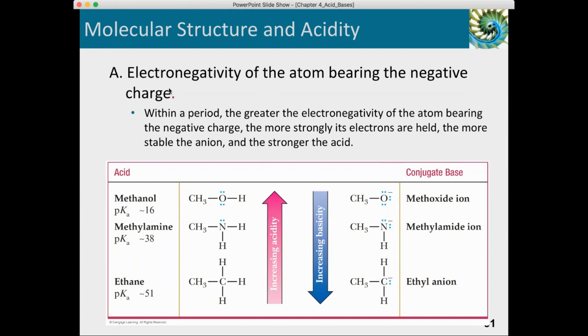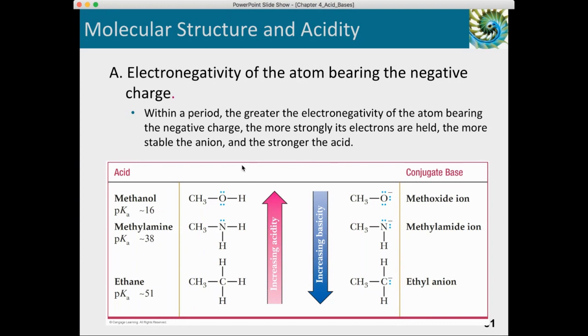Electronegativity is a factor that you use when you compare a negative charge on two atoms within the same period of the periodic table. If you compare conjugate bases with charges on atoms in different periods, you cannot consider electronegativity because there will be other factors. But if you're comparing atoms within the same period, the greater the electronegativity, the more strongly the electrons are held, and the more stable the anion will be.